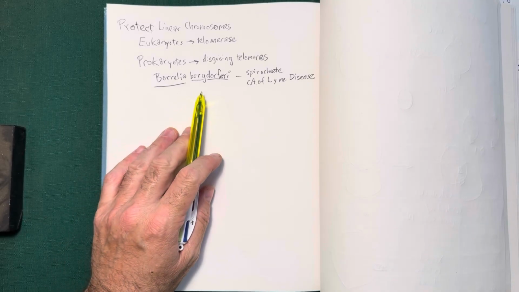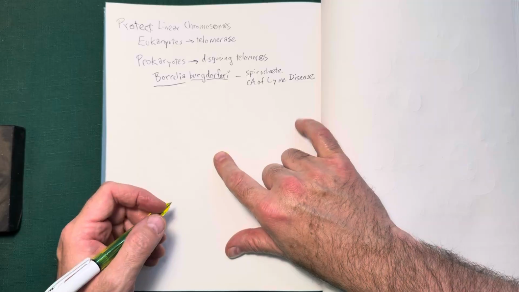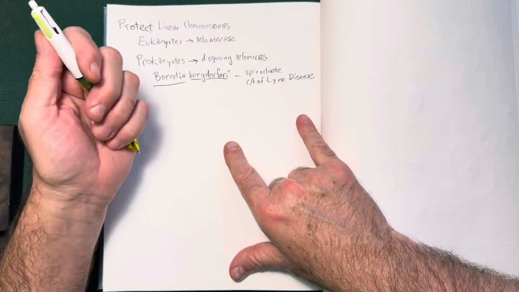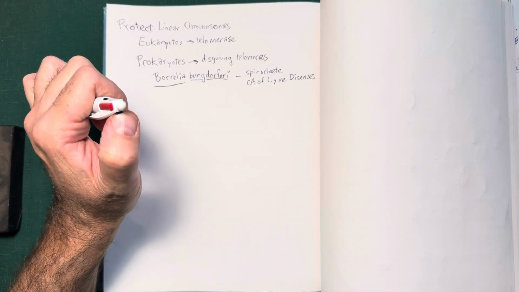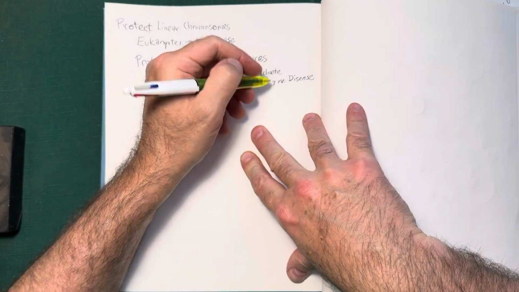But Borrelia burgdorferi is that causal agent, and it has a linear chromosome. Okay, so I'm going to use some colors here to represent that linear chromosome.